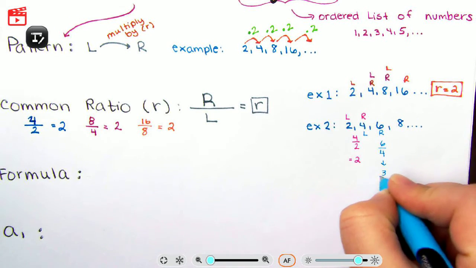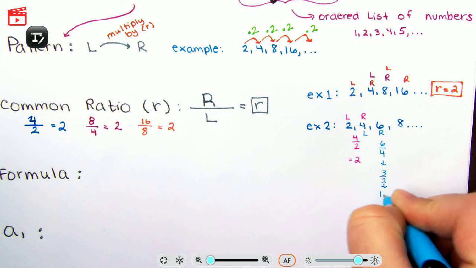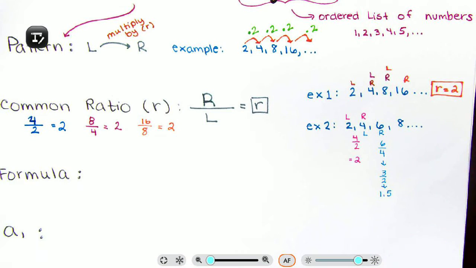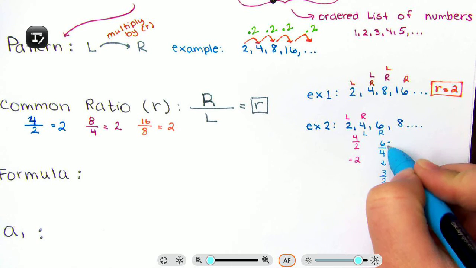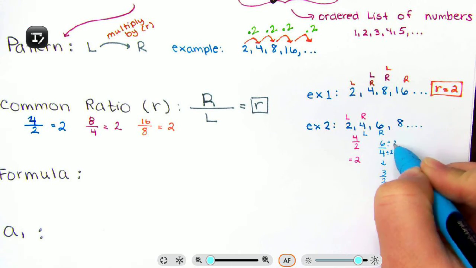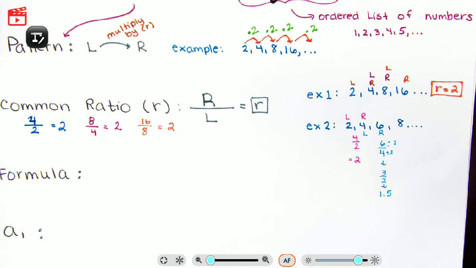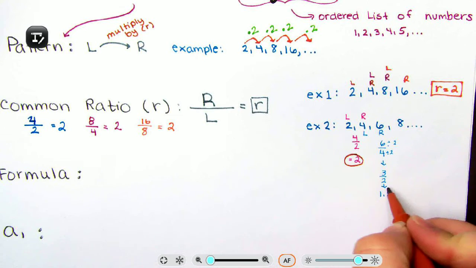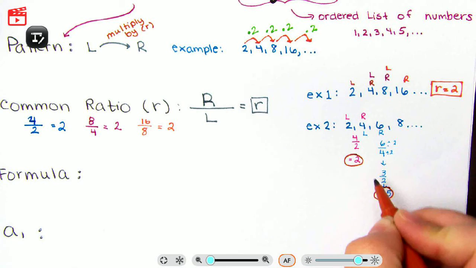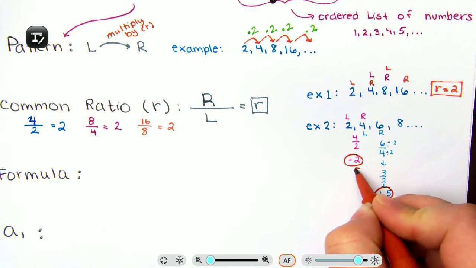It's 3/2 or 1.5. I'm double checking my math here. How I got 3/2 is I divided top and bottom by 2. Because this is 2 and this is not 2, these do not match. This is not common.